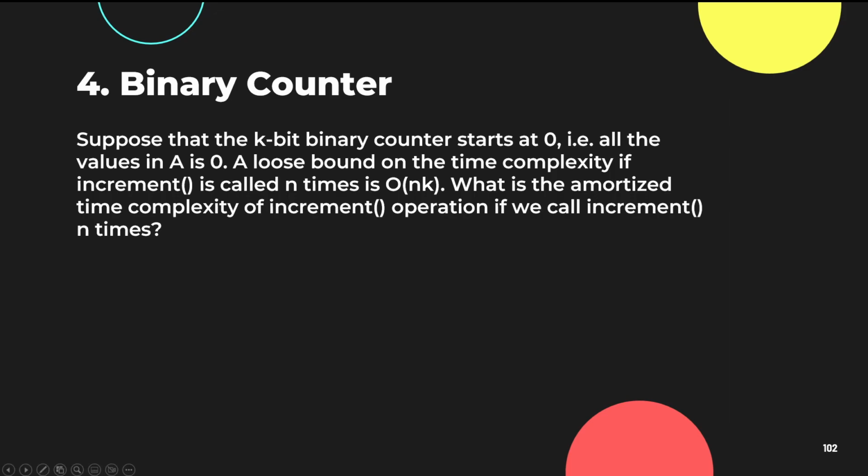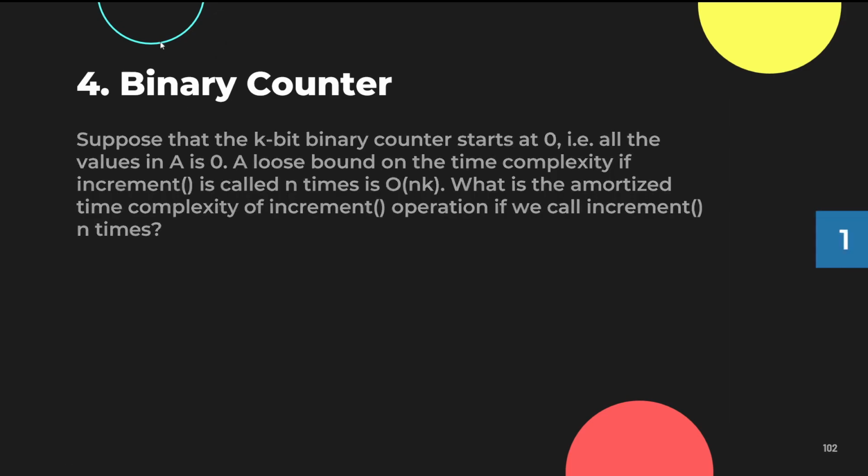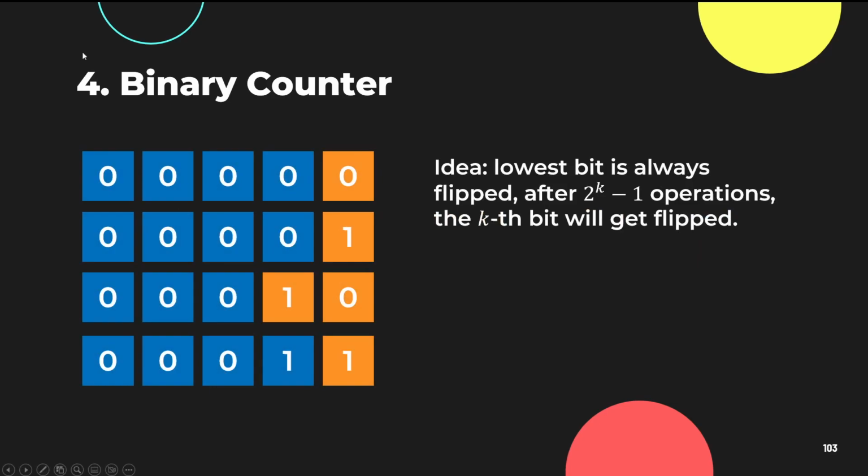Okay, so let's try to analyze this together. The idea is, for example, initially I have 0. Then if I add 1, I will need to flip just this bit. After my second flip, that's the time I flip the second bit here. Then I go to the third. After my fourth flip, that's the time my bit 2 will get flipped. So bit 0, bit 1, bit 2.